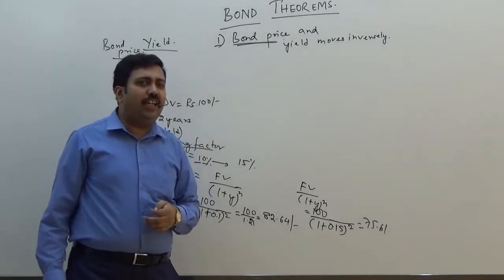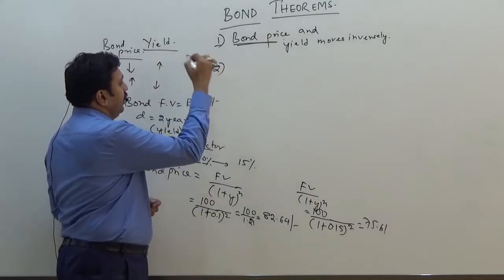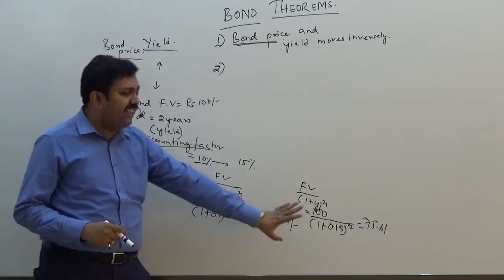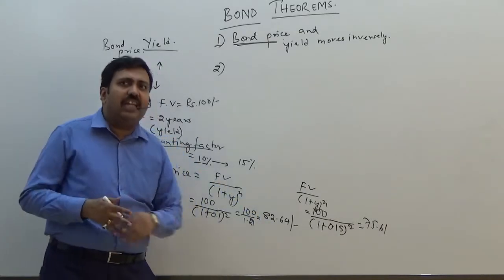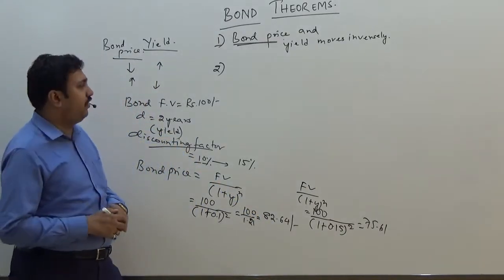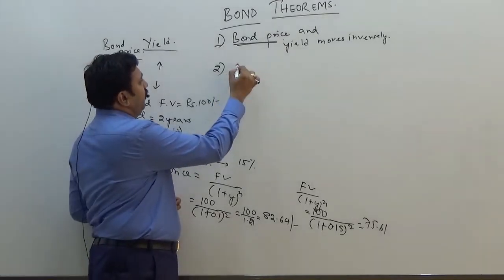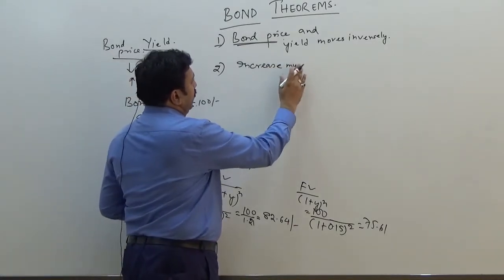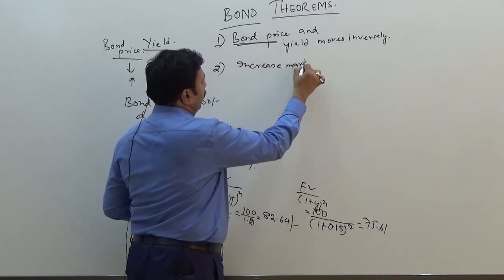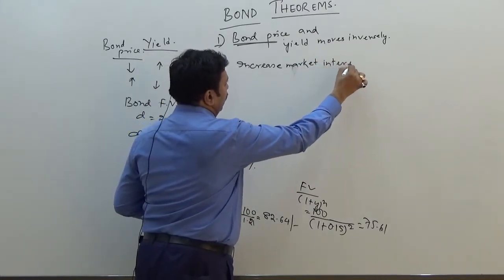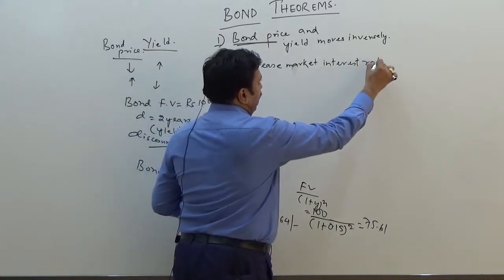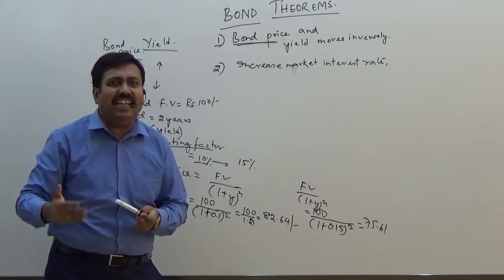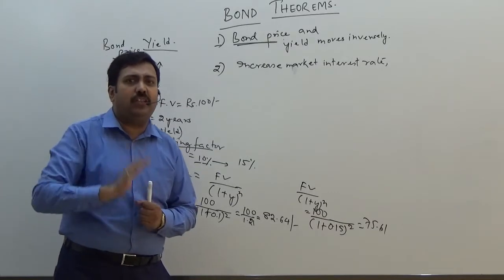The second theorem that speaks to us is not restricted to only this, which means that if I increase the market interest rates, then there has to be an effect on the bond price.